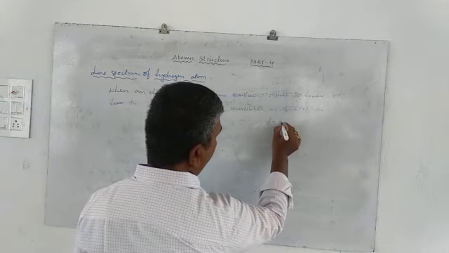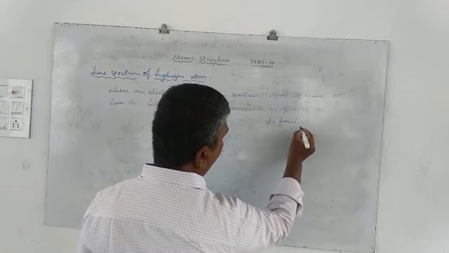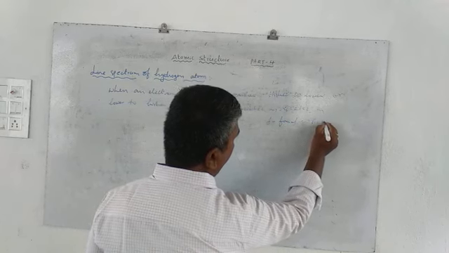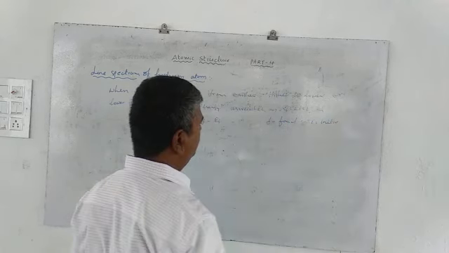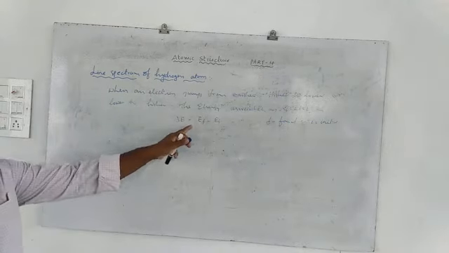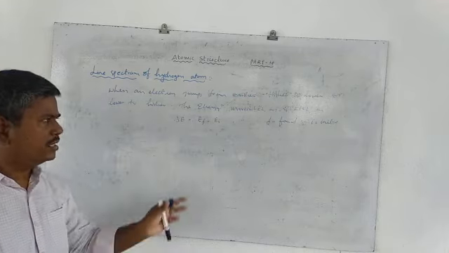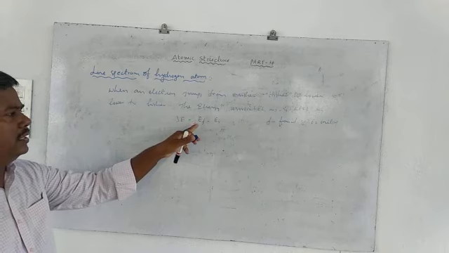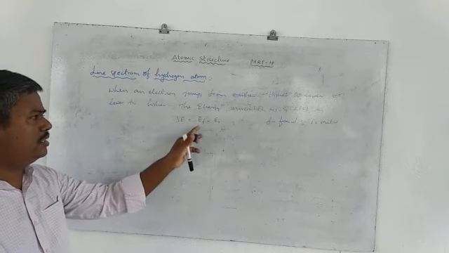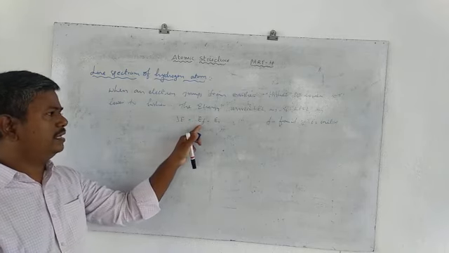F means final, I means initial. We already know E2 minus E1; instead of 2 and 1, I am writing F and I.